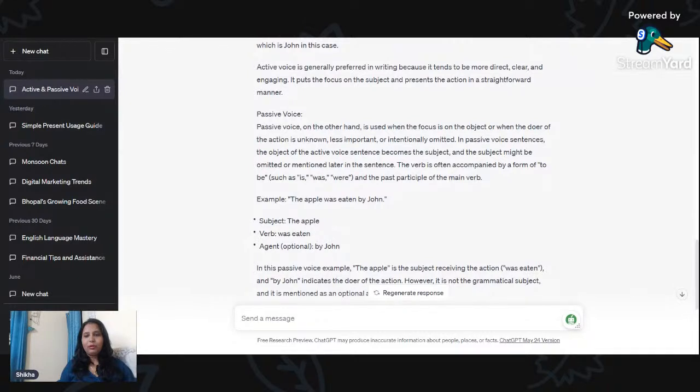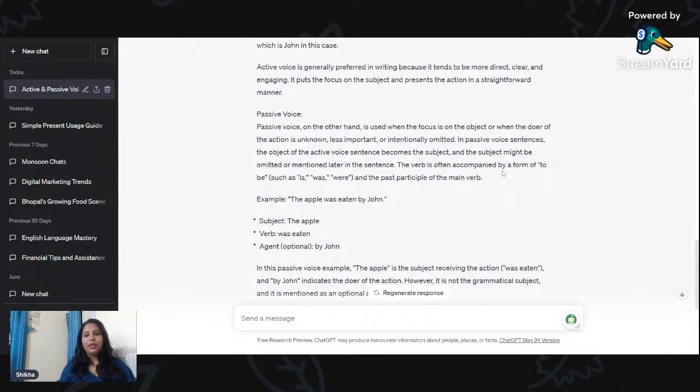Here we will read it from the beginning. Passive voice, on the other hand, is used when the focus is on the object or when the doer of the action is unknown, less important, or intentionally omitted. In passive voice sentences, the object of the active voice sentence becomes the subject, and the subject might be omitted or mentioned later in the sentence.